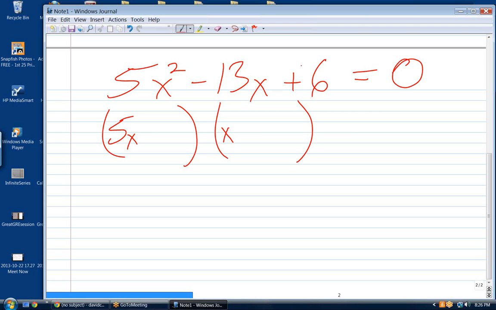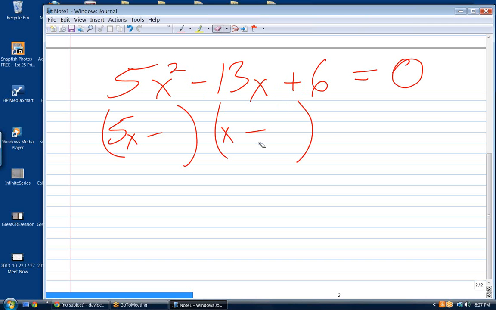Look at the sign on the constant term. The fact that it's positive means what about these signs here? They both have to be the same. And the fact that the middle term is negative means they both have to be what? Negative. Right. In other words, they're either plus plus or minus minus. Look to the sign on the middle term to tell which.